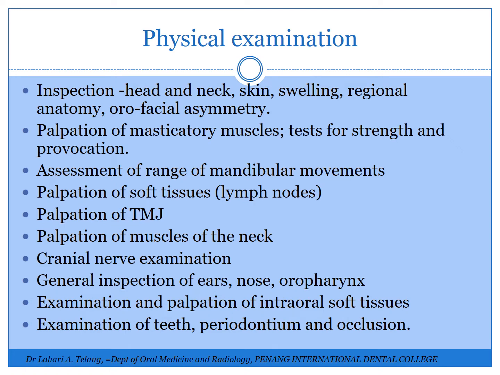So, all of these put together should be a thorough examination of the head and neck region, inclusive of the intraoral examination, to assess the patient and to conclude that the patient is possibly suffering from orofacial pain.